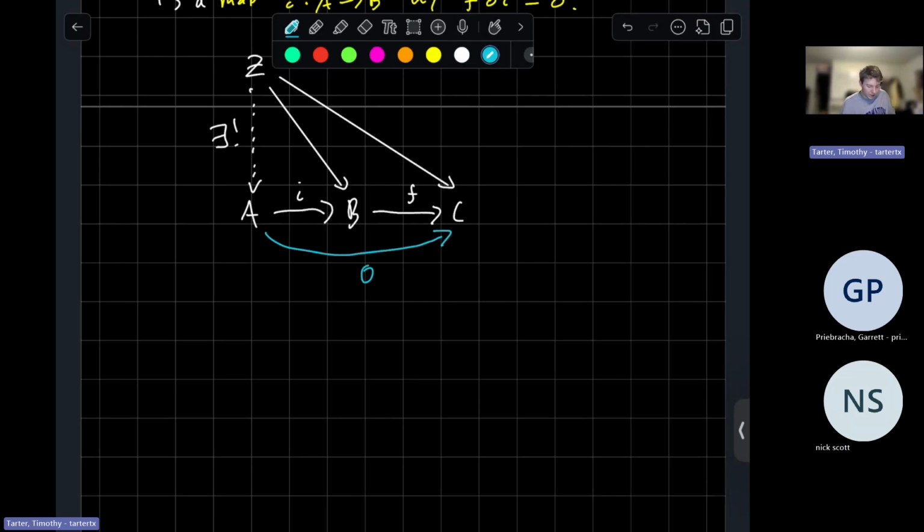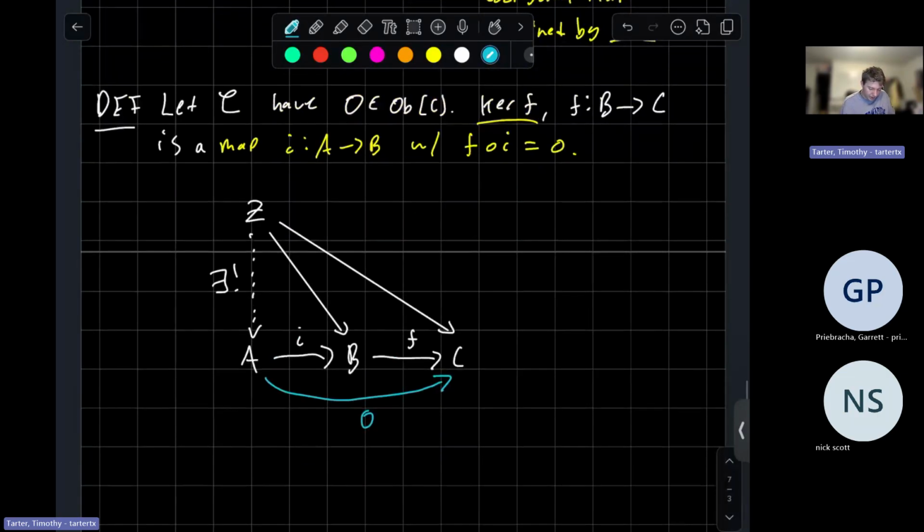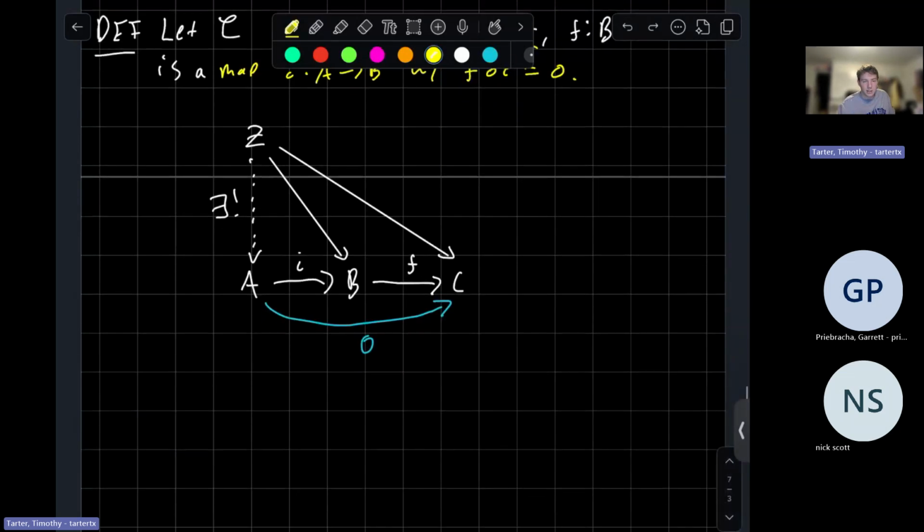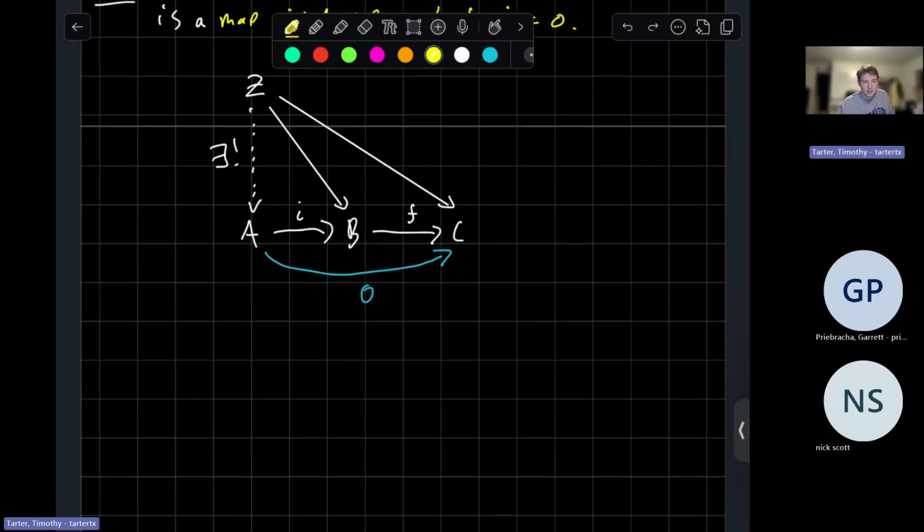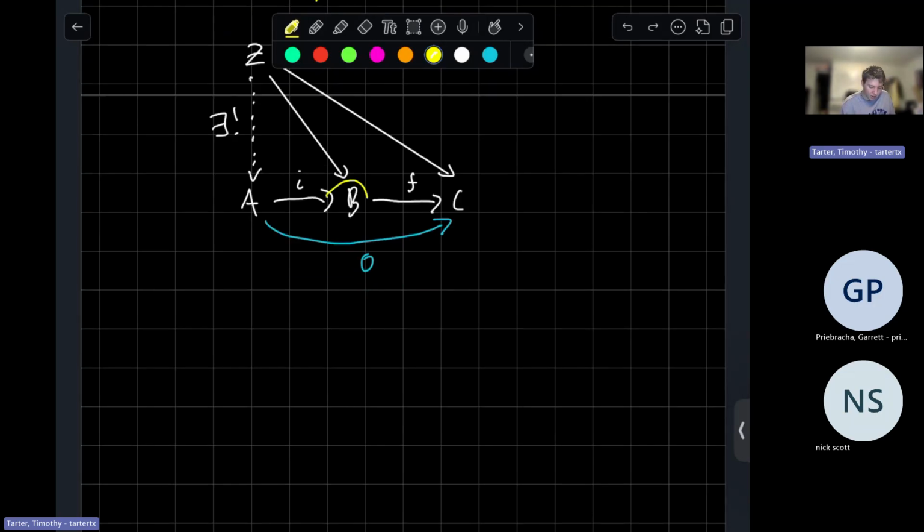So the morphism from A to 0 to C factors through B, and then the kernel of F is the stuff which goes into B but ends up being 0 in C. So I is the morphism into B so that we get everything that we don't want through F coming out as 0 in C.